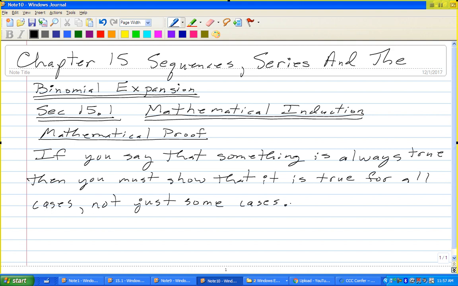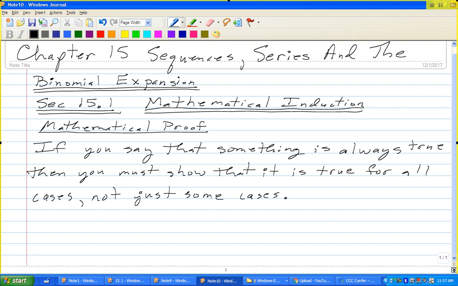So, an example of this could be, let's say, Merton's conjecture.